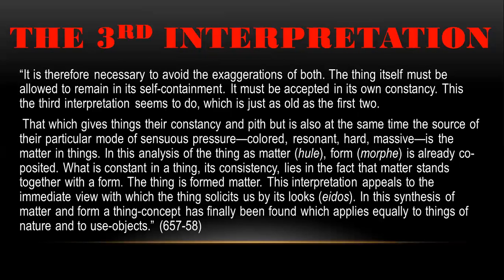Aristotle's metaphysics is often referred to as hylomorphism, and he mentions these Greek words, hule, morphe, eidos. So this is very Aristotelian. Out of all the three interpretations, this one he's going to say is probably the most fruitful, yet even it suffers its own shortcomings.